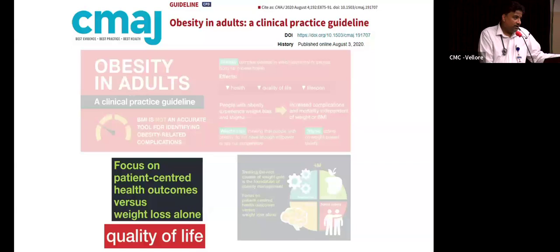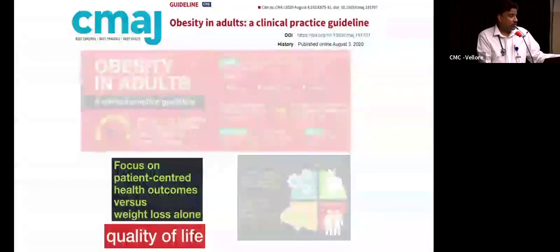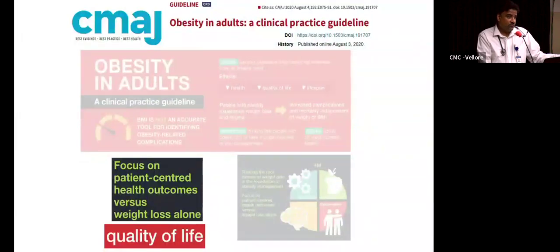At the end of your treatment, if your patient has lost 5 kgs, but the patient is terribly depressed because they are so engrossed in just counting calories and not able to do the things that they like, and they go into depression, then that's definitely not the way forward. Overall, you have to improve the quality of life of that given patient. So that's what the guidelines today talk about in terms of quality of life.